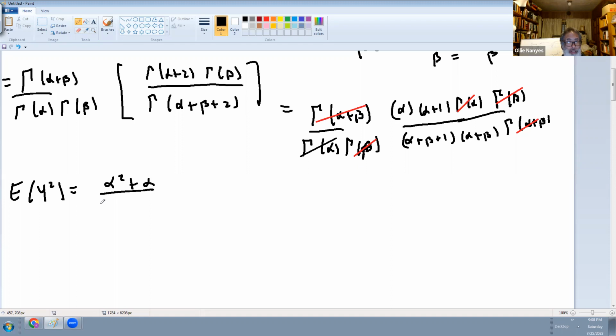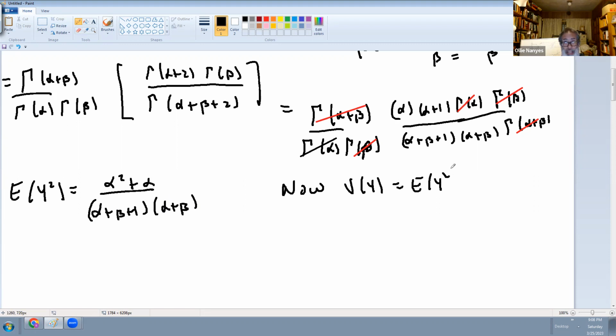On the bottom is alpha plus beta plus 1, alpha plus beta. Now, the variance, as you know, is going to be the expectation of y squared minus the square of the expectation of y. Okay.